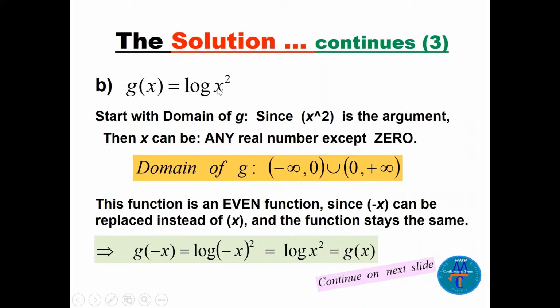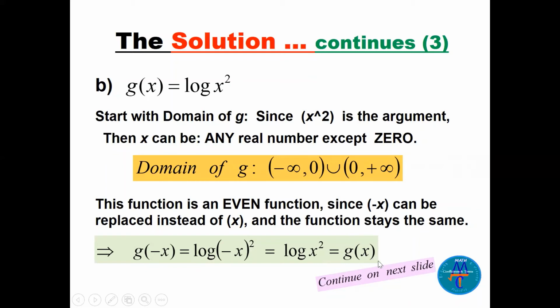We can replace x with minus x in the function g, and when we simplify, we get the same function again. So g of minus x is log of minus x all squared. This is x squared, which is log of x squared, the function g. So g of minus x is equal to g of x.